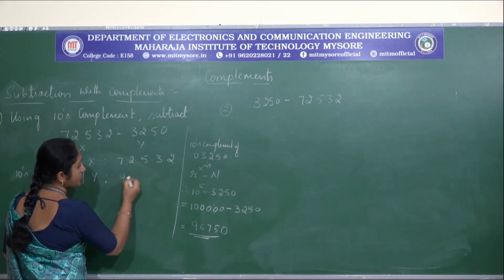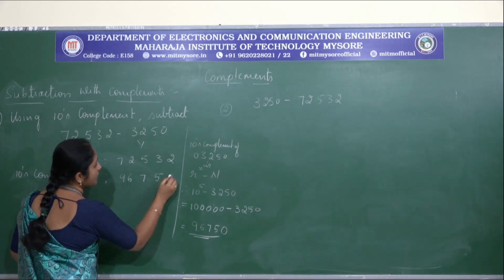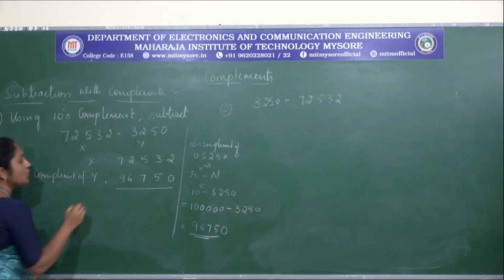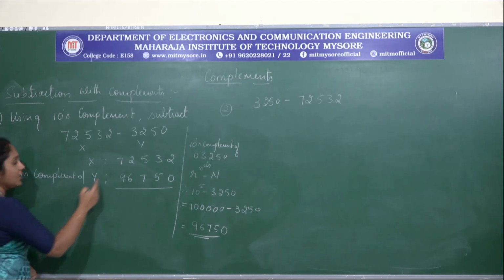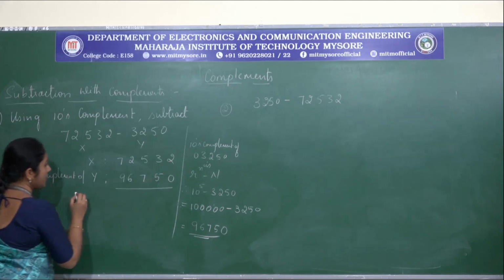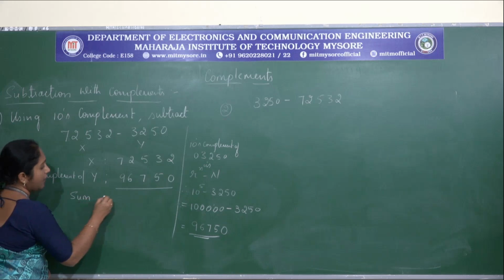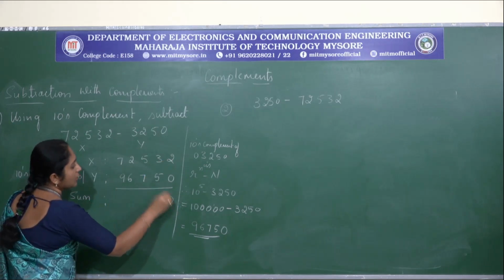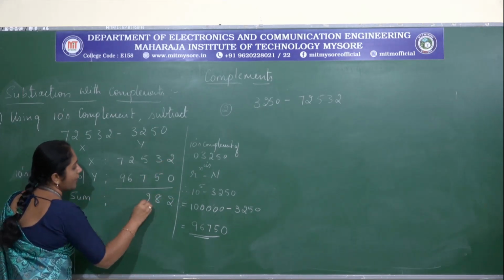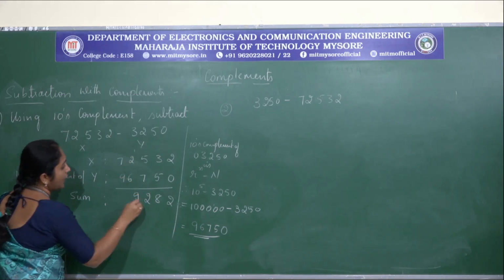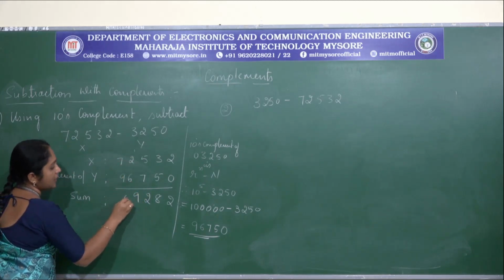So 96,750. You need to add these two. The addition will result in 2, 8, 12, 9, 16.